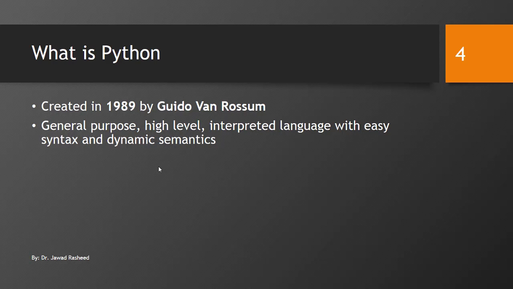typed. The development of Python started out as a hobby for its creator, Guido van Rossum, in 1989. Actually, he wanted to make a language that looks easy for everybody to read.